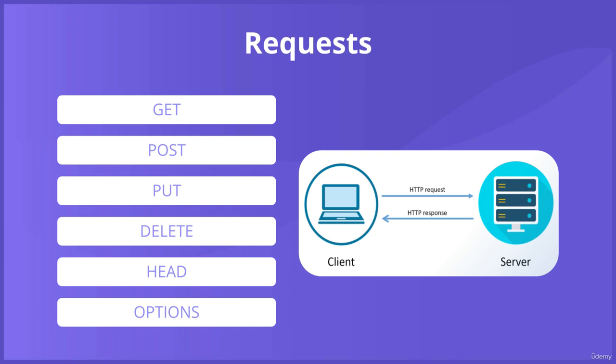PUT updates a specified resource. DELETE deletes a specified resource. HEAD is similar to GET, but only retrieves the headers, not the actual content. OPTIONS returns the HTTP methods supported by the server for a specified URL.